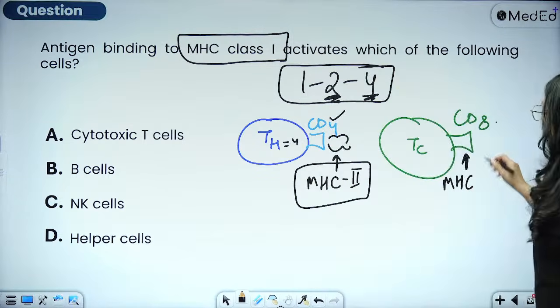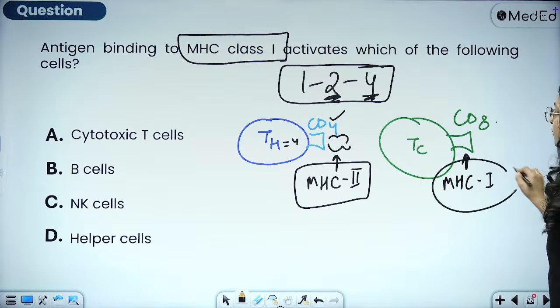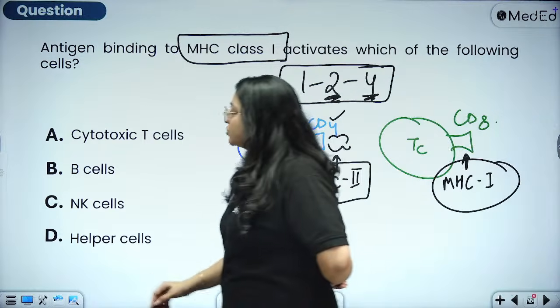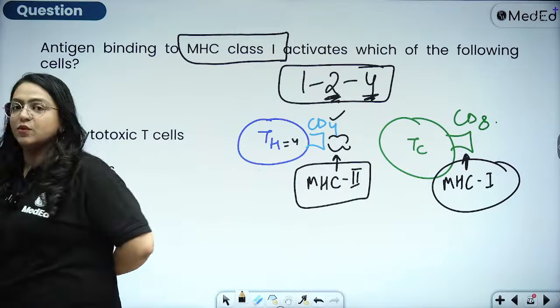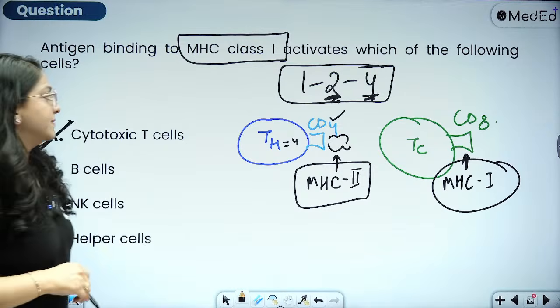So what will bind to CD8? MHC1. MHC1 is going to bind to your cytotoxic T cells. Okay, cytotoxic T cells. Amazing.